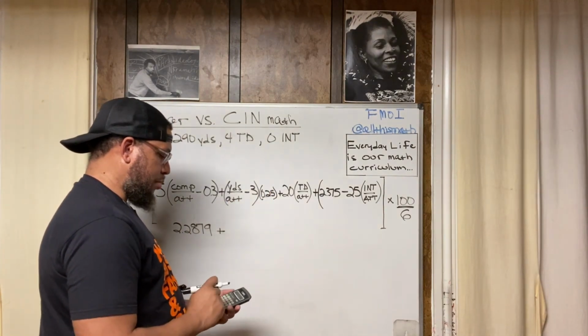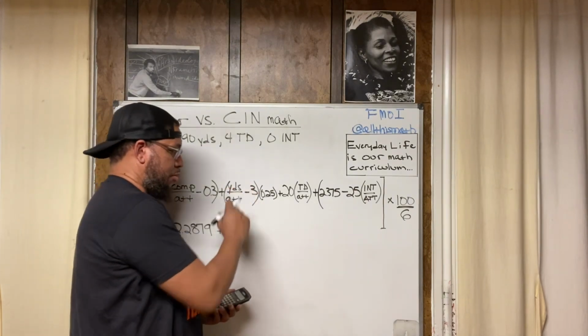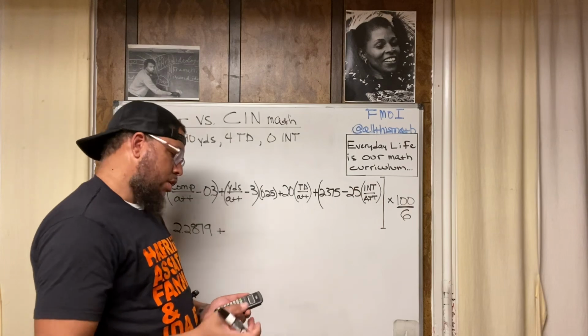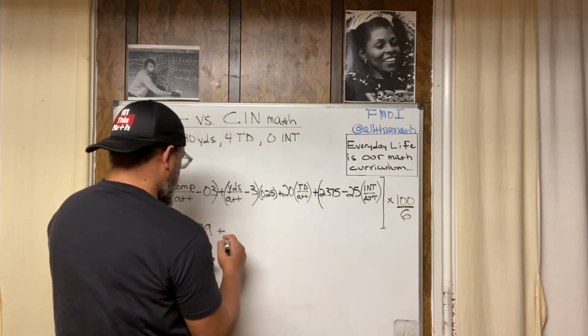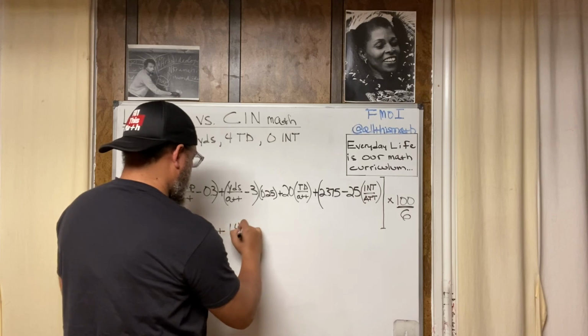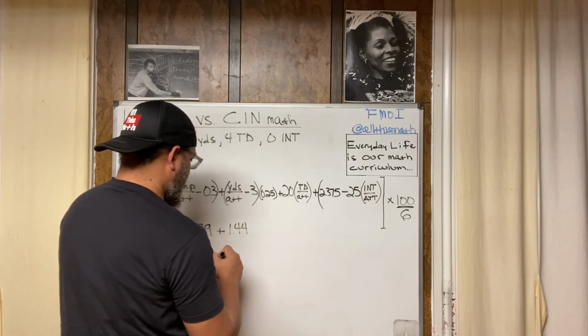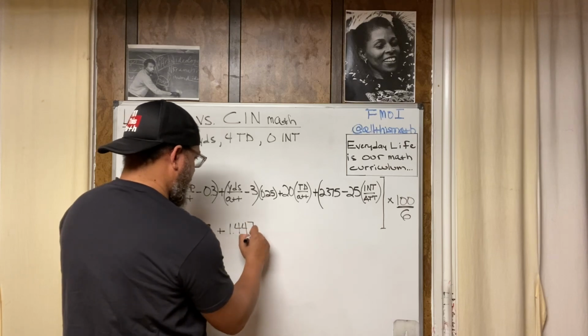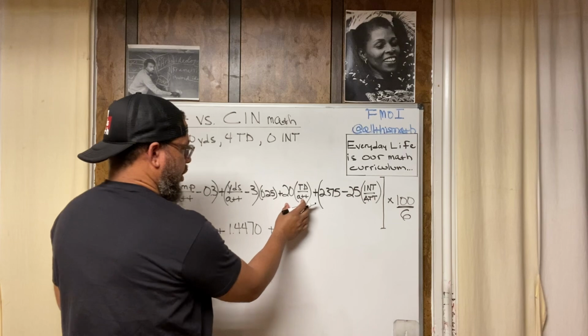Let's see what happens when we multiply by 0.25, which is the same as 1/4. So basically, I'm just taking that number and dividing it by 4. Okay, so we cool. We don't gotta use the cap because we get an actual number of 1.4470, rounded.